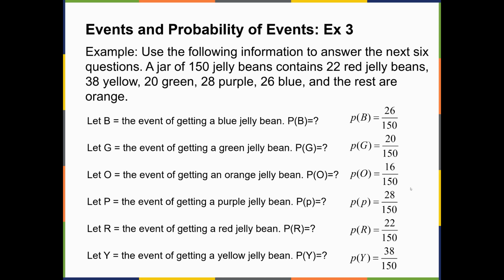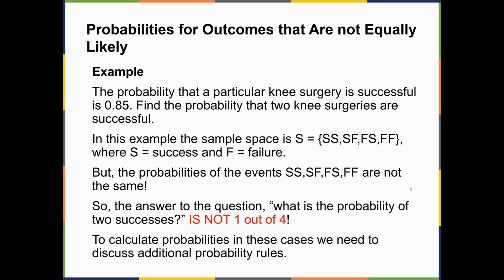All right, good start on probability here. Let's keep going. Let's talk for just a moment about probabilities for outcomes that are not equally likely. We did the jelly bean example, and that one we could sort of force into our normal way of computing probabilities. But let's think about an example that doesn't really work that well. So let's say that a particular neurosurgery is successful 85% of the time, or 0.85.